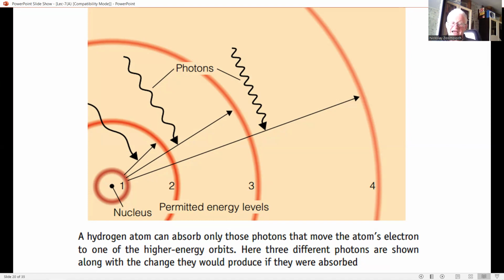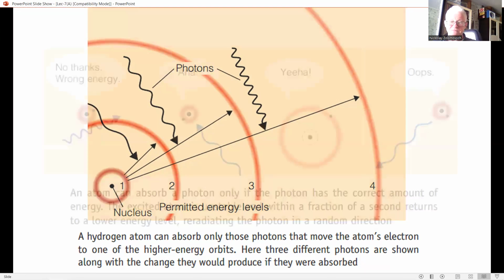And thus, the electron in an excited atom tends to tumble down to its lowest energy level, its ground state.